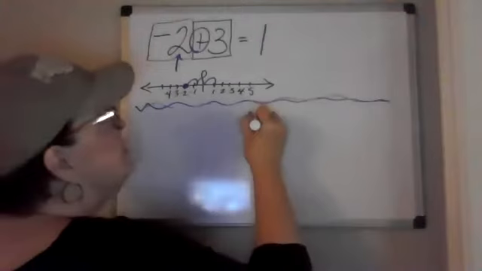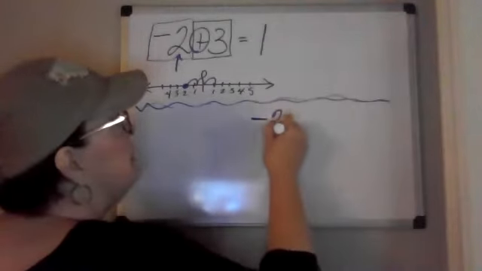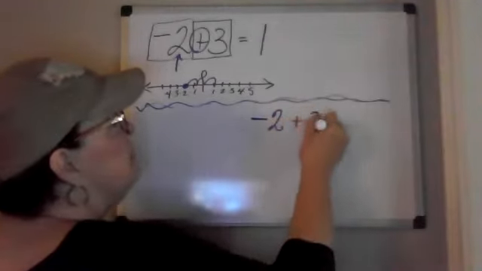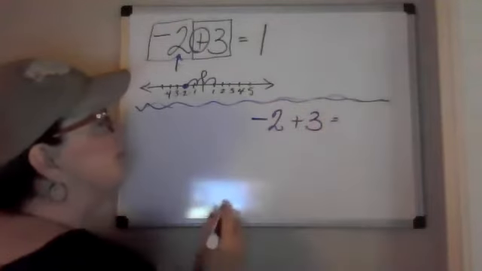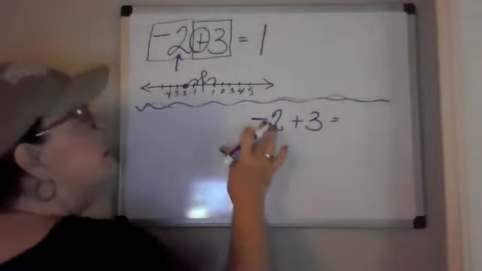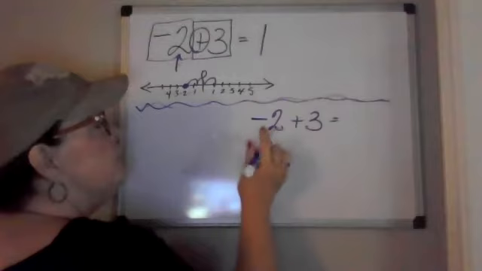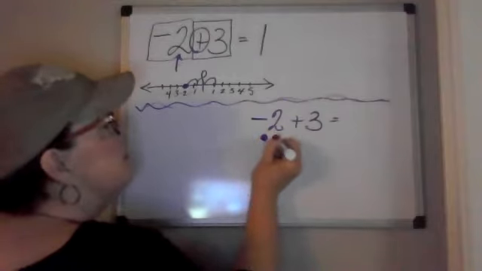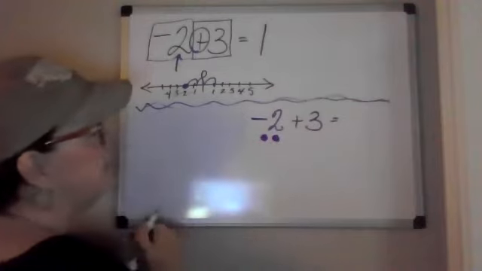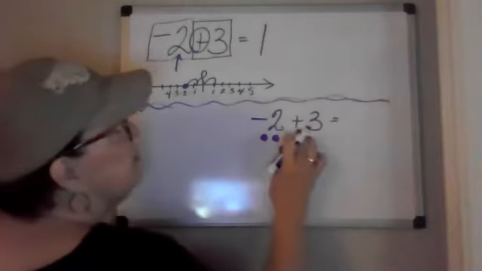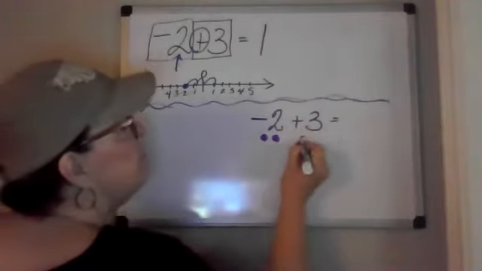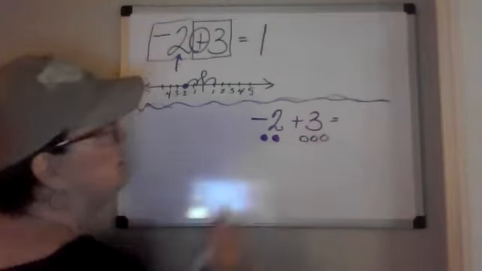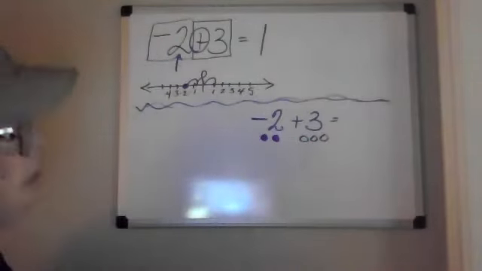Let's do the disc method. So I have -2 plus 3. And in this case, negative goes with the 2. So I have 2 dark discs because it's 2, but they're negative. Then the positive 3, I have 3 positives.